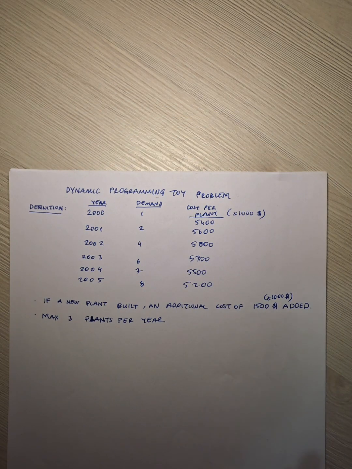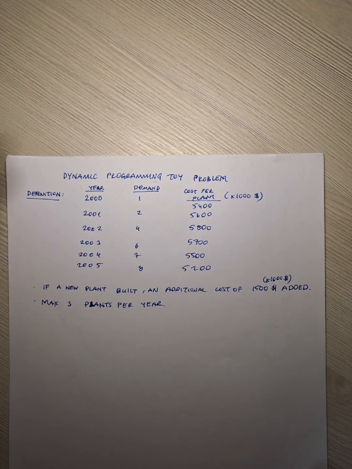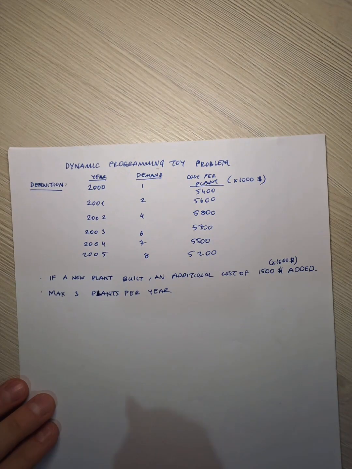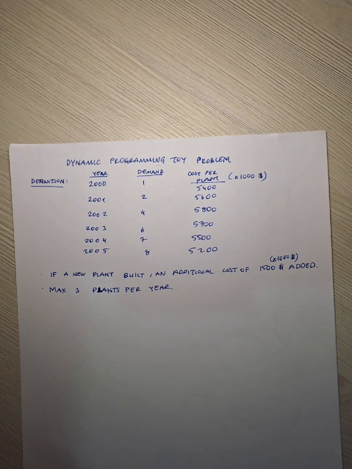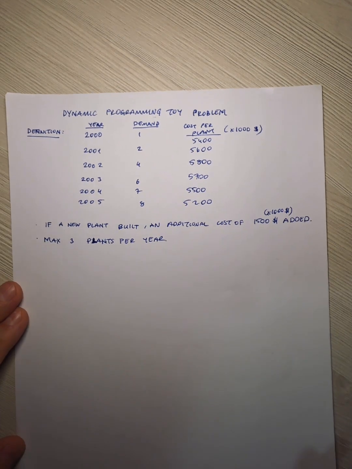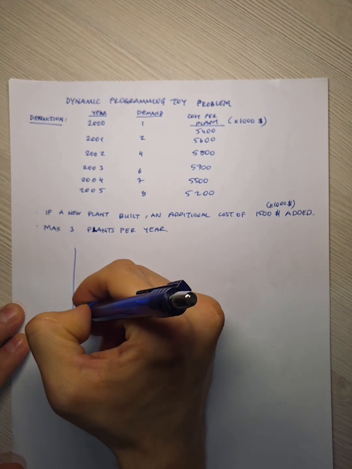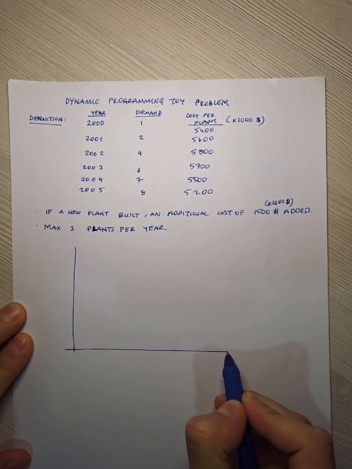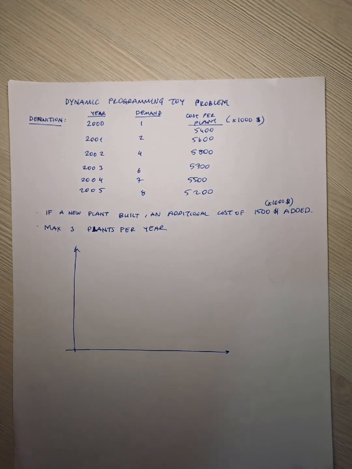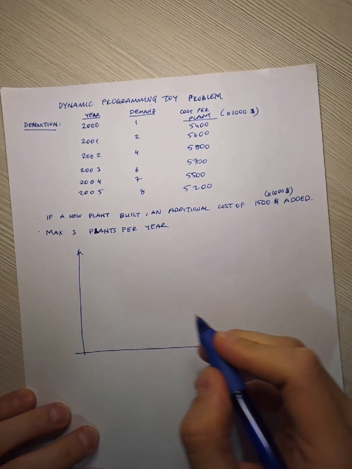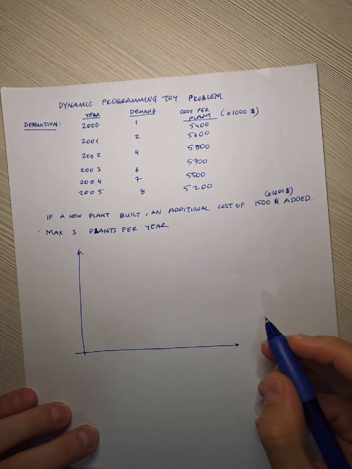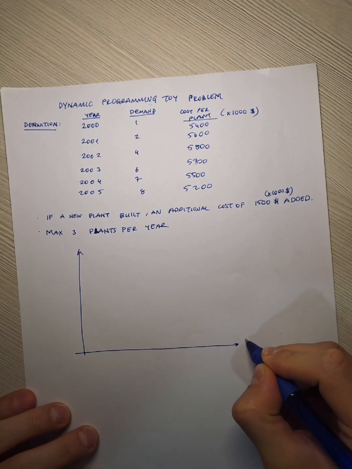Okay, we have 6 years, all the demands over 6 years, and then the cost per plant. Before we start, I think it's easier to comprehend on a network graph. But of course, while solving it with programming, you don't need to do this. Okay, on the x-axis, let's put the time.